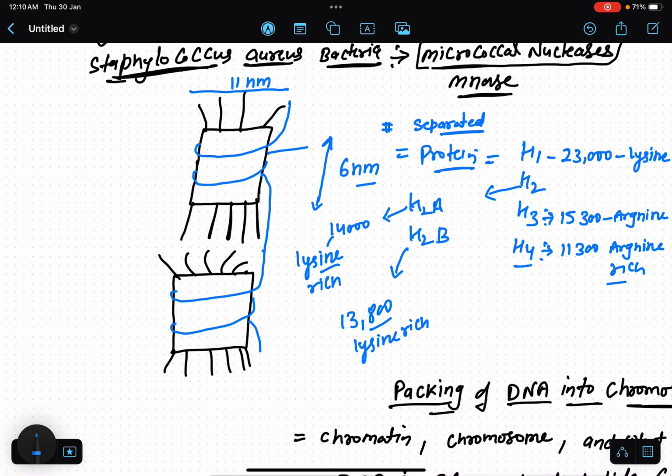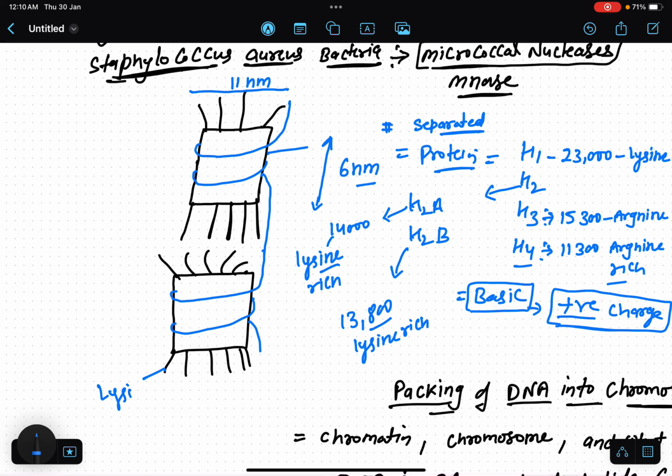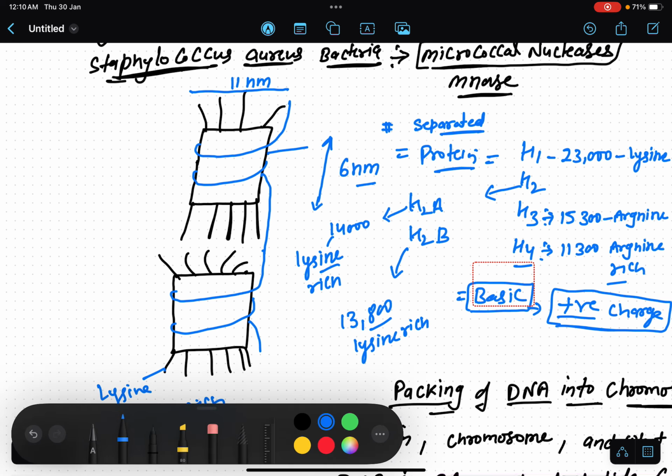And lysine and arginine are both basic proteins and have a positive charge. These are the tails which are lysine and arginine rich.